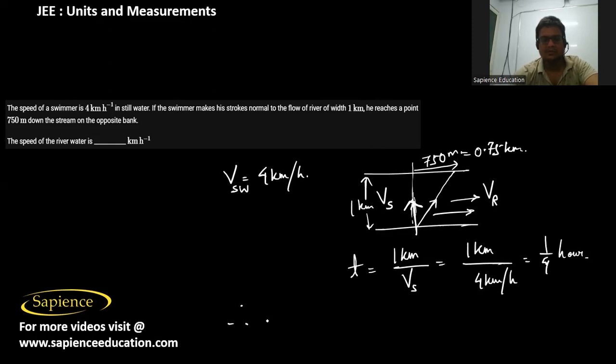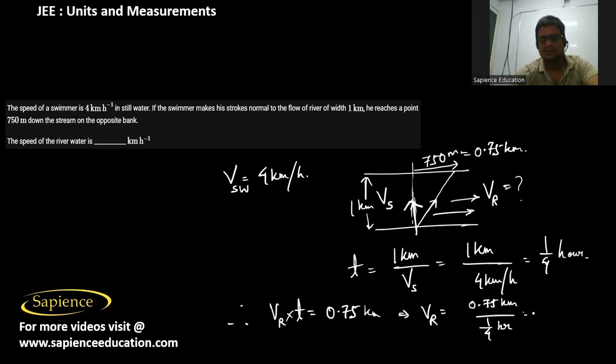So therefore, the speed of the river water has been asked, VR. So therefore, VR into T will be equal to 0.75 kilometer. So speed of the river is 0.75 kilometer divided by 1 by 4 hour, that is 0.25.